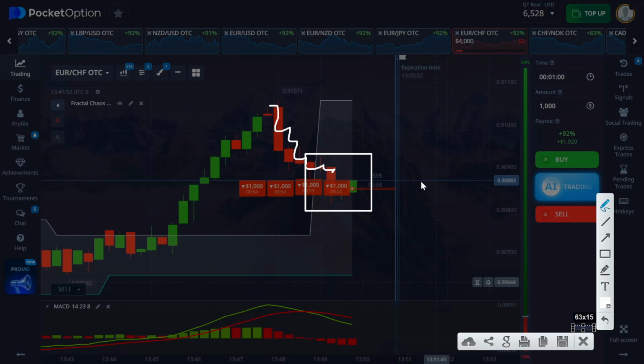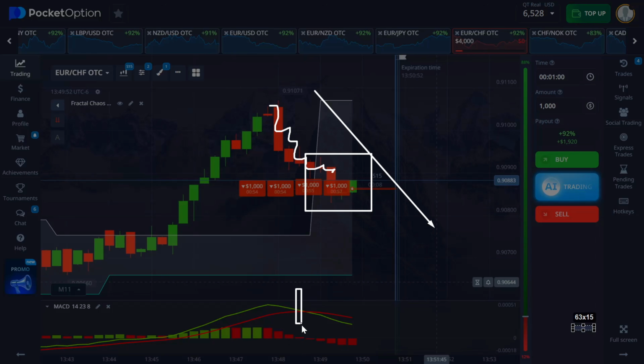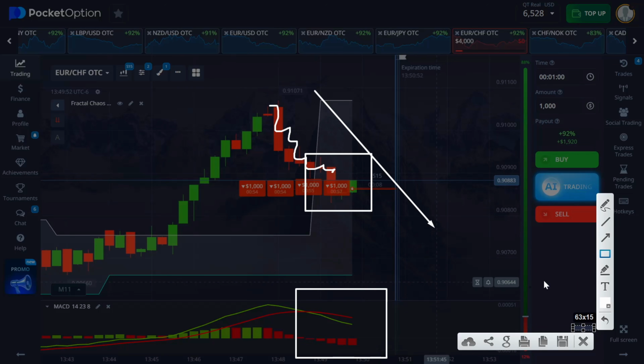Price is coming down very strongly, so that increases my confidence. I'm expecting price to go downward furthermore, and MACD crossed confidently, and we know that when MACD becomes wider, it becomes stronger. Plus there's a lot of histogram right here. You see that, guys? There's a lot. Now my confidence for this particular trade has increased. Let's see what's gonna happen, if I'm gonna win this trade or not.